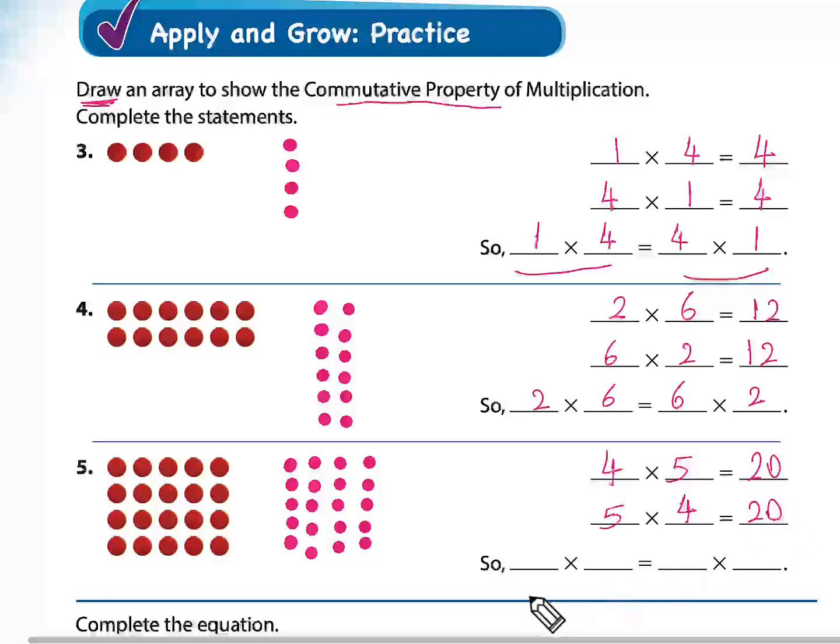Okay, now let's write this line to show the commutative property here. So 4 times 5, yes, equals, yes. Excellent. Thank you, my hero. Great work. Okay, my heroes, please finish writing quickly, and I'll send to you the link of the game.